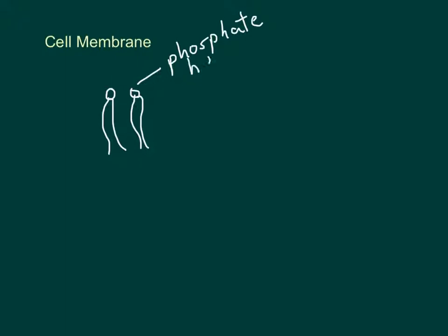So let's review quickly how the cell membrane is structured. First, we have these little things we call phospholipids. And phospholipids have a phosphate head. Okay, a phosphate head. And these are fatty, I know this is a funny word, fatty acid tail.